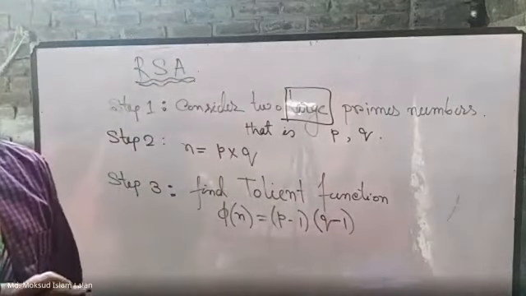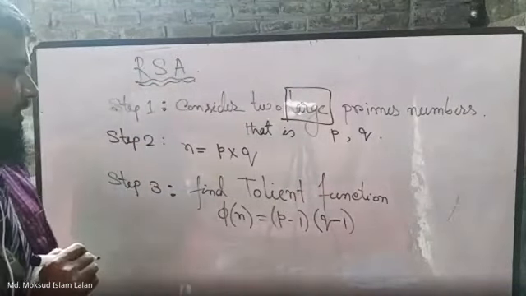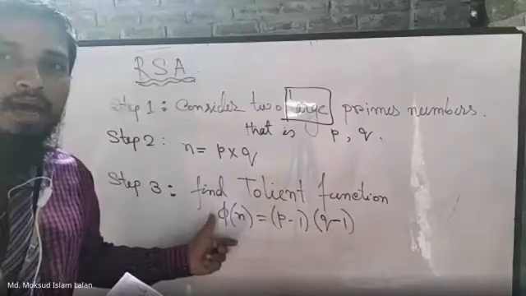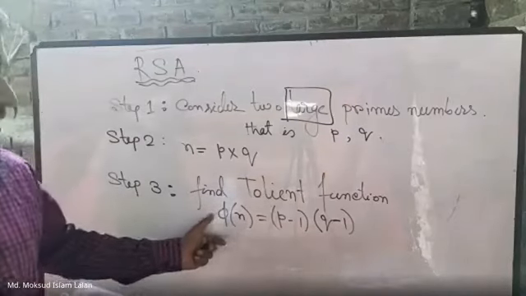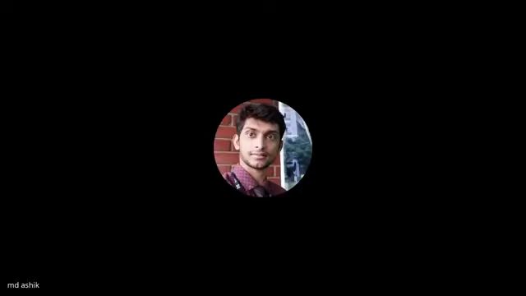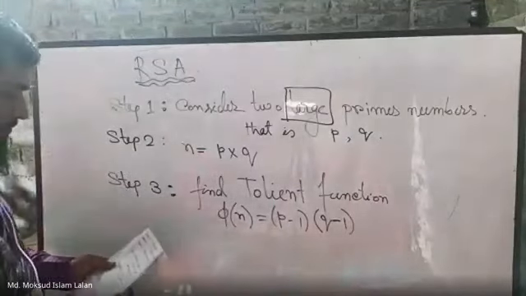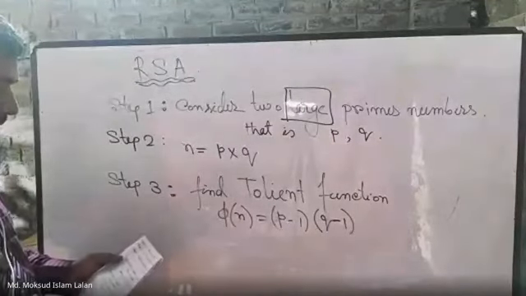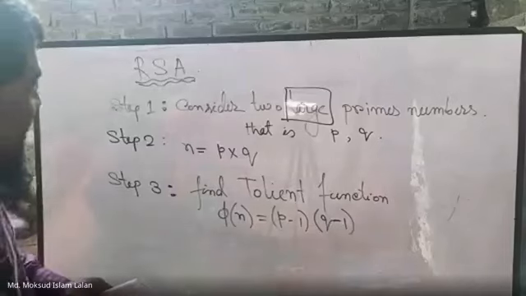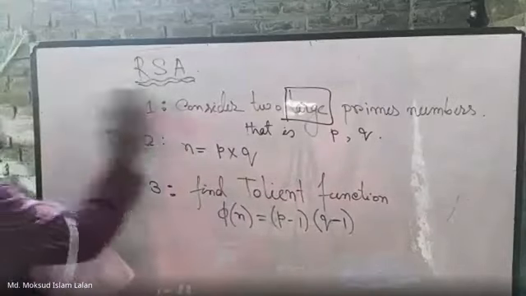Do you understand? First write down this step. This is phi, right? Can you see this? Yes, sir. Phi of n equals p minus 1 times q minus 1. Step number 3 done.